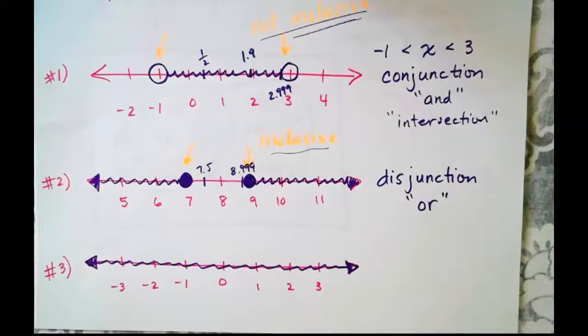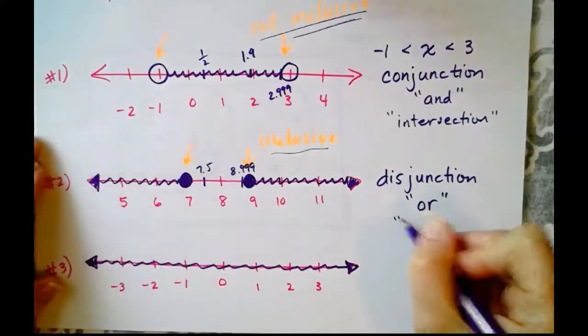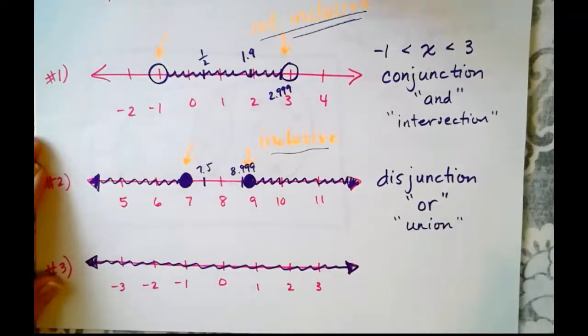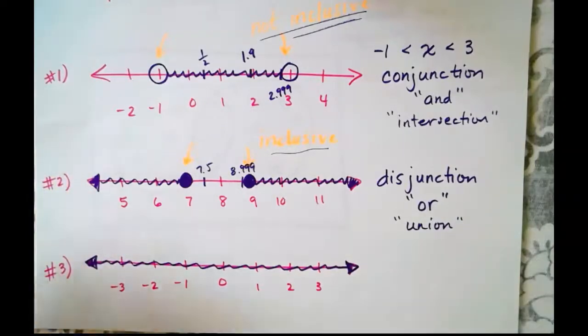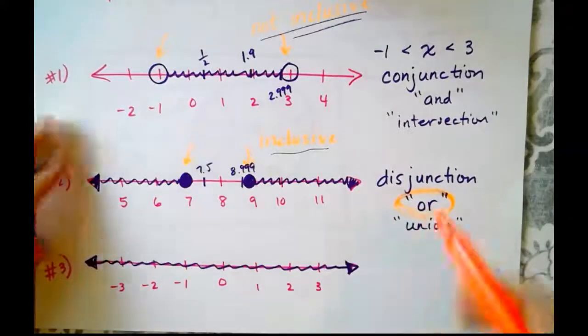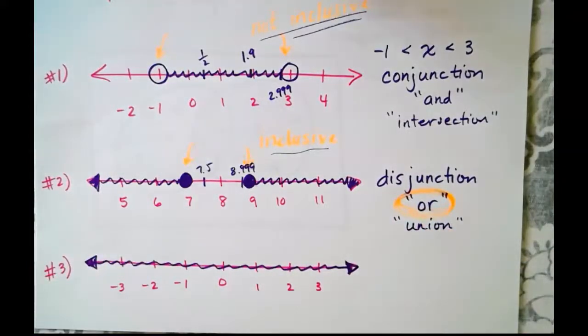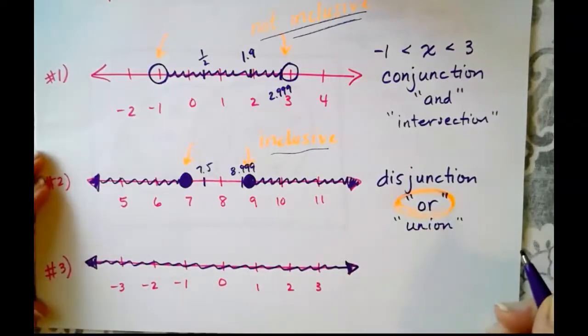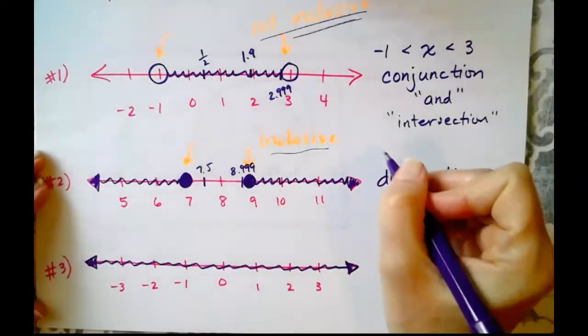That's how we could verbally describe this number line. This is also called a union of two sets. Our answers exist in one set or the other. That's a union of two sets. And we have to write this with the word or when we describe it algebraically.